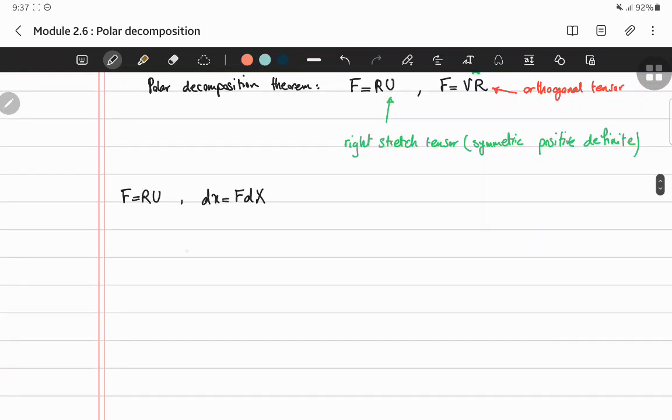So if we put this in here, we get dx is equal to RU dX. And here you see that we have U dX first. So first we have to calculate this. Therefore, we have first stretching, and then we have rotation.